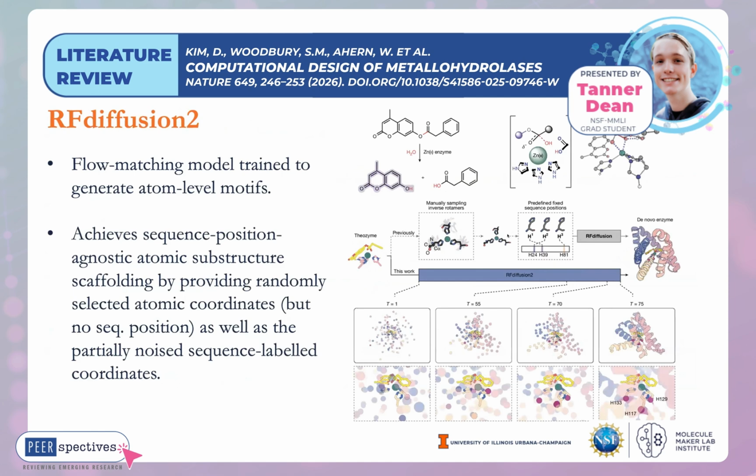So here's where they effectively leveraged RF diffusion 2, because RF diffusion 2 is this flow matching model that allows for all atom generation instead of just based off this backbone. Instead of having to worry about this very large sampling space of these inverse rotamers and trying to find optimal rotamer optimizations from different positions, they can start from just the active site, which is what they defined as the minimal coordination site required from DFT for catalytic function for this given substrate of interest.